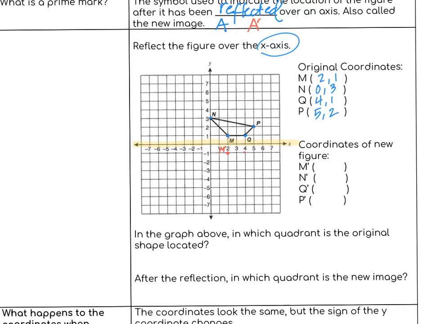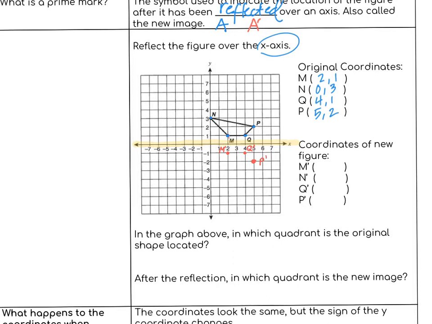The same thing with the Q. So this P in the original is over 1 to the right and up 1. And so on this side, with this new figure, we're also going to go over to the right, but we're going to go down 1 for our reflection. So this is P prime.